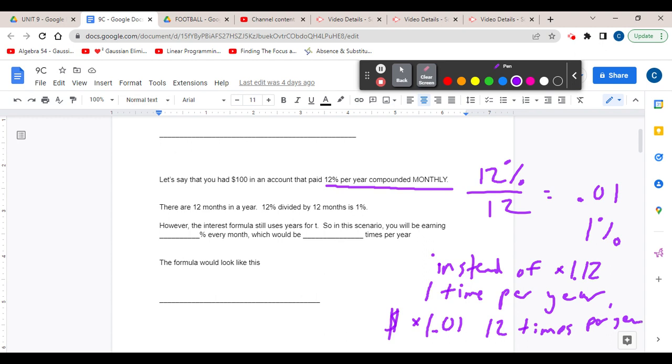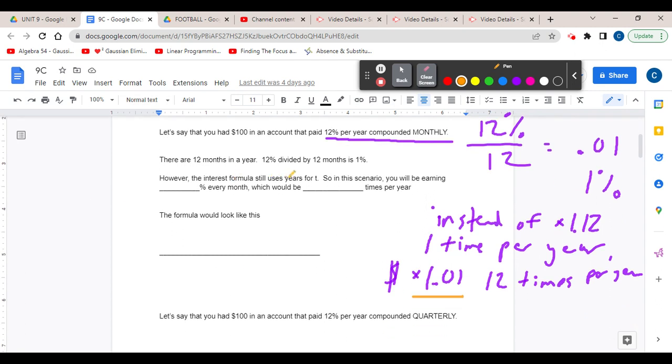Since the money is compounded monthly, we divide our rate of 12% by 12 months. So we're going to gain 1% a month, or our money is going to multiply by 1.01 every month. Now the interest formula still uses years for t, so that's fine. In this scenario, we're going to earn 1% every month, and that's 12 times per year.